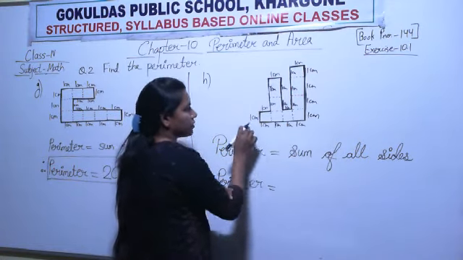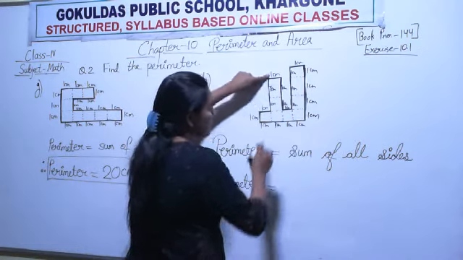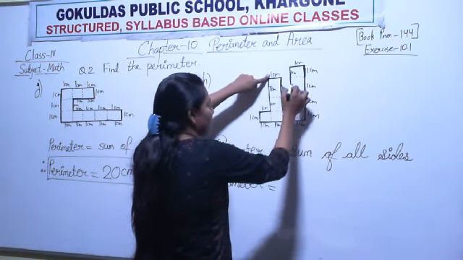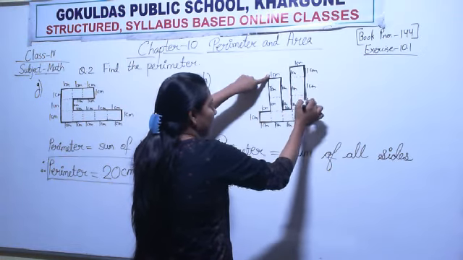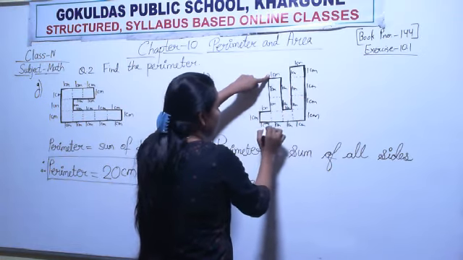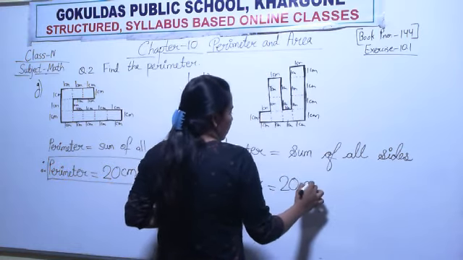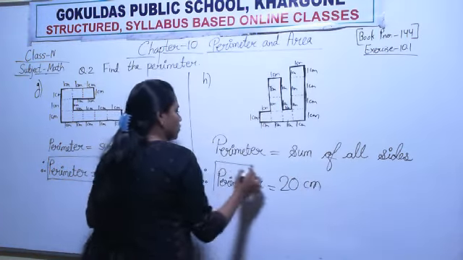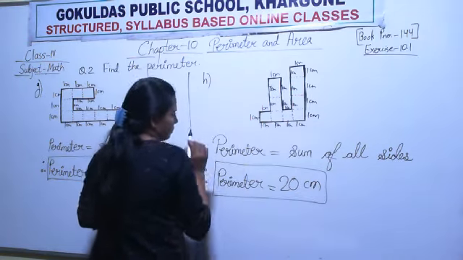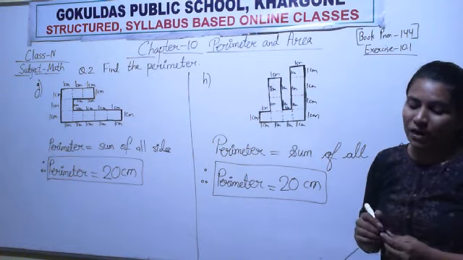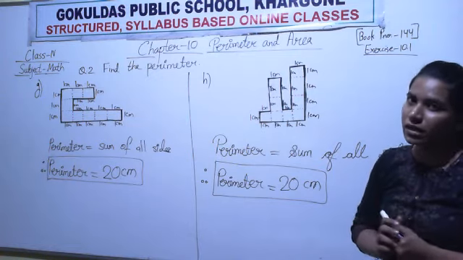Therefore perimeter equals, if we start from this side, 1 plus 1, 2, 3, 4, 5, 6, 7, 8, 9, 10, 11, 12, 13, 14, 15, 16, 17, 18, 19 and 20. This figure's perimeter is also 20 centimeter. Okay, so this is how we find the perimeter of the following shapes.